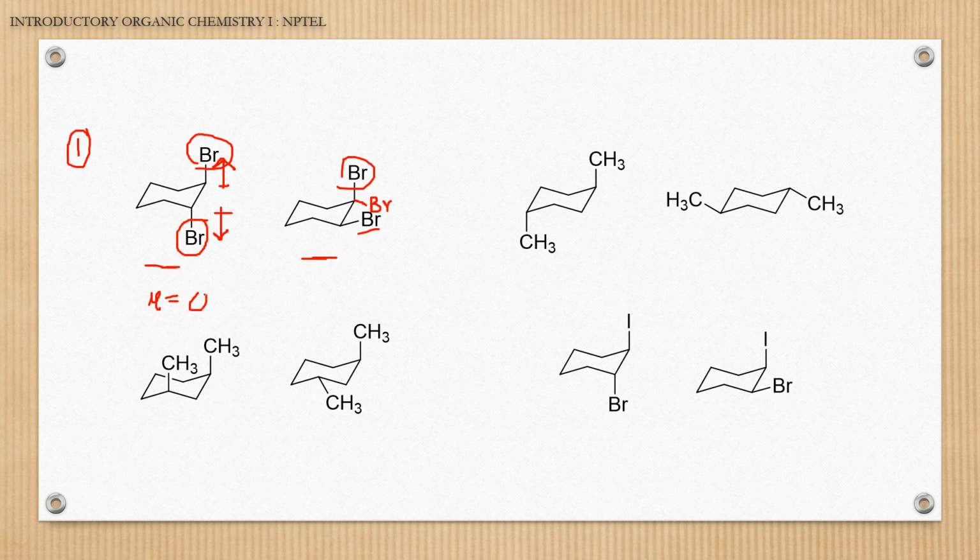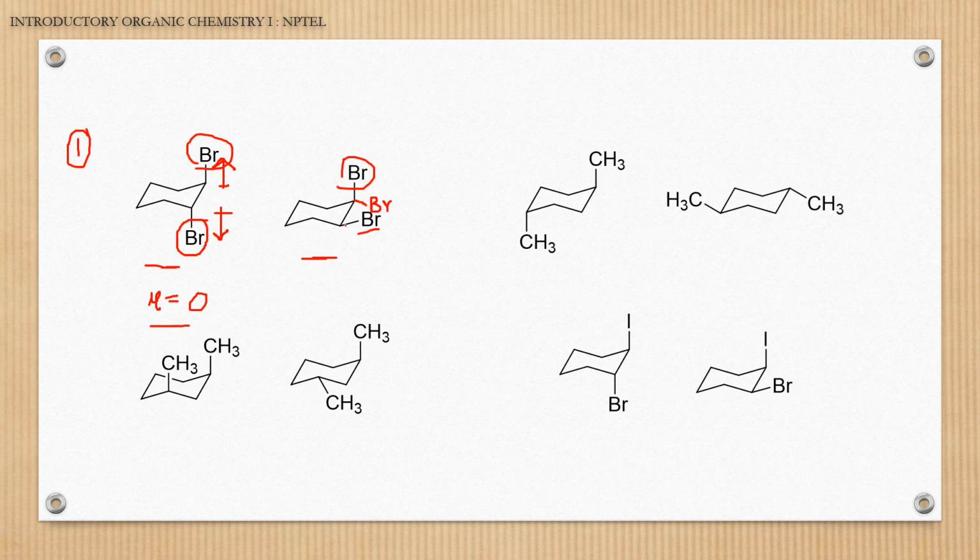The C-Br bond is polarized, and the dipole moment plays an important role in the stability of the trans conformation rather than the cis conformation, because in cis, as you can see, the dipole is not cancelled by each other, but here it is cancelling.